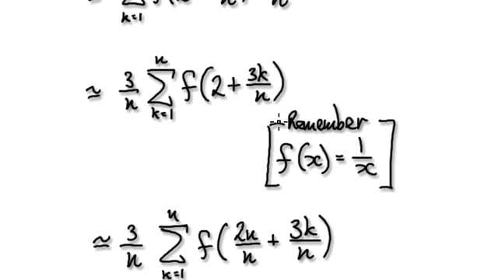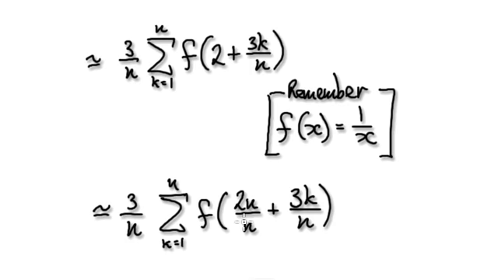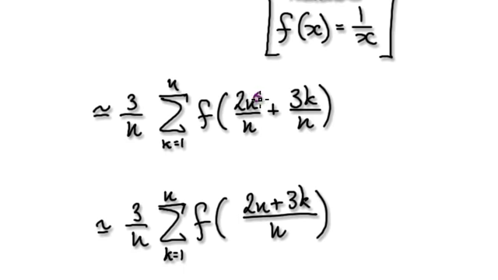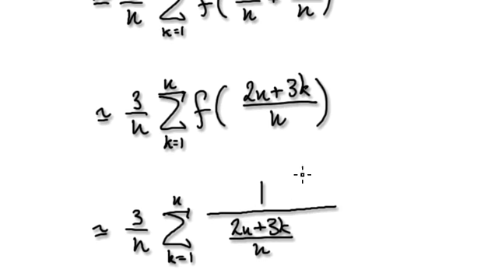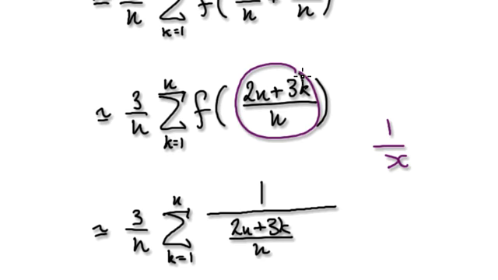That would turn this into a fraction, and then we times top and bottom here by n, so the two denominators will be the same. That will take you to here. Now that the two denominators are the same, we can merge the two together, giving you this. Now we've got one fraction, so it's 1 divided by that. Remember, our original function was 1 over x, so now that this is one fraction, we can put it into here.